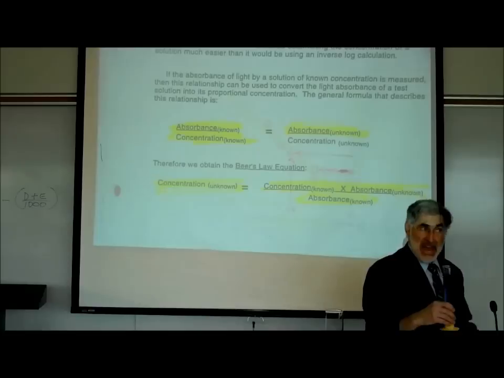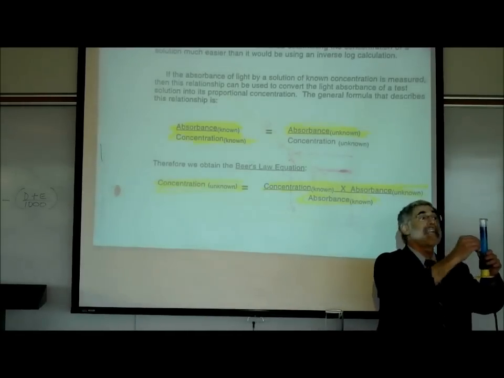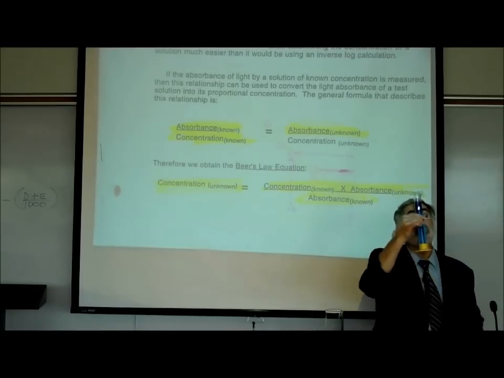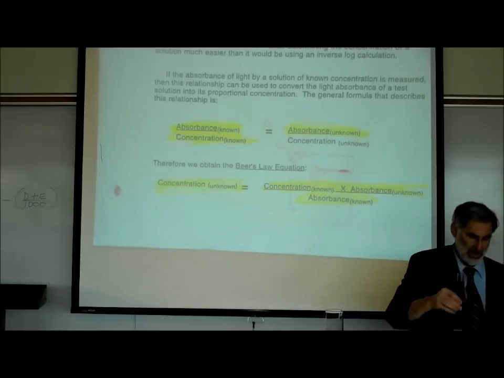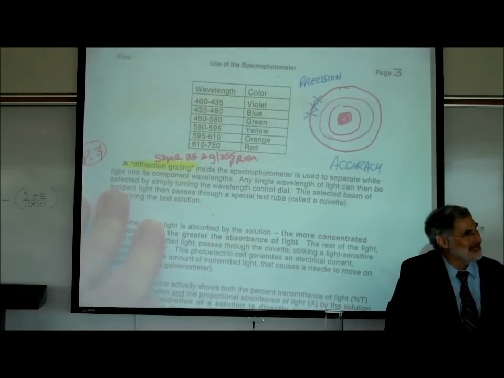So it would be more accurate for me to make many different known solutions rather than one known solution. It's like the more darts you throw, the more likely you're going to get a bullseye.